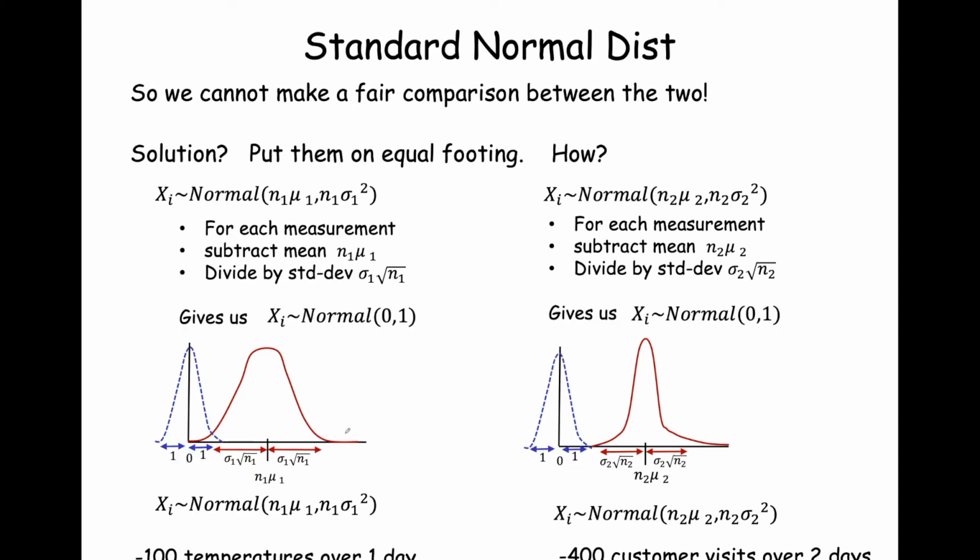So now what this means is that the new set of measurements or points from this distribution is going to be a normal that hasn't changed from the central limit theorem, but we've changed the mean, mu, to be equal to 0, where before it was n1 mu1, and we've shrunk down the standard deviation to 1. And so now the variance, which is the squared standard deviation, is 1.